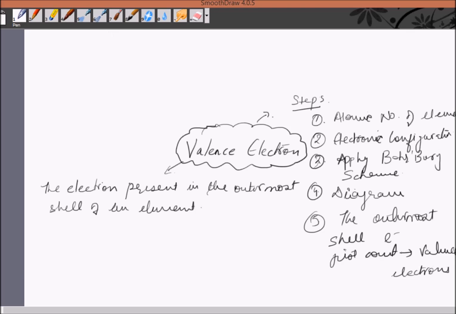Now let's understand the types of element with respect to the valence electron. What are they called actually? There are some elements which lose electrons from the outermost shell, right?